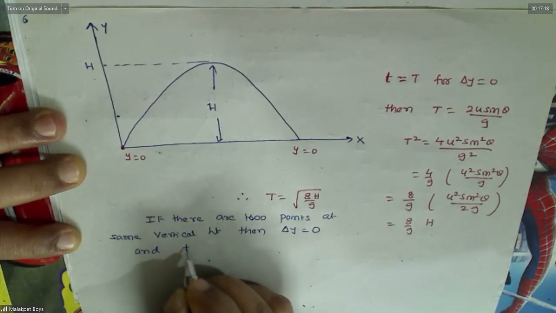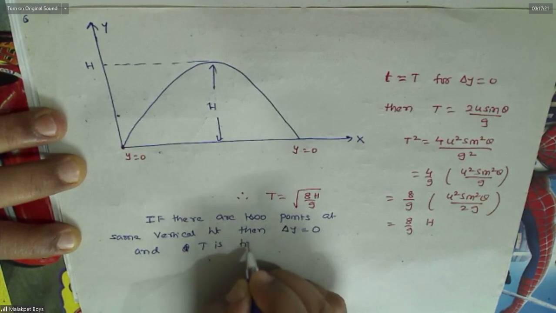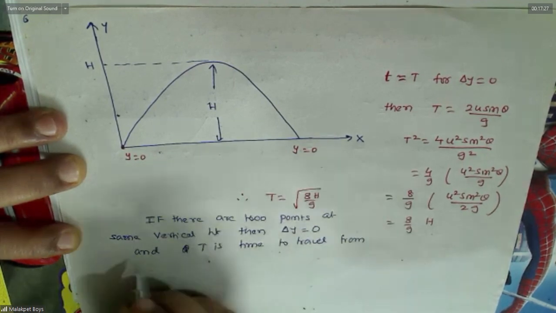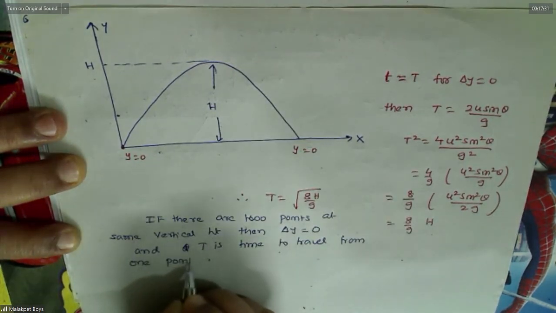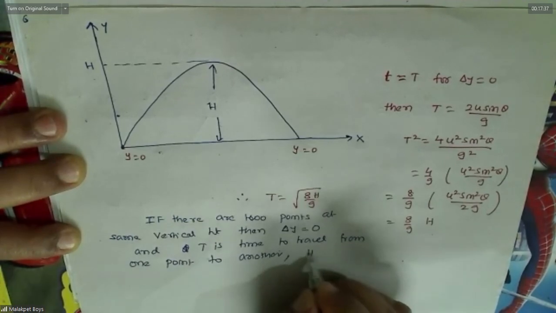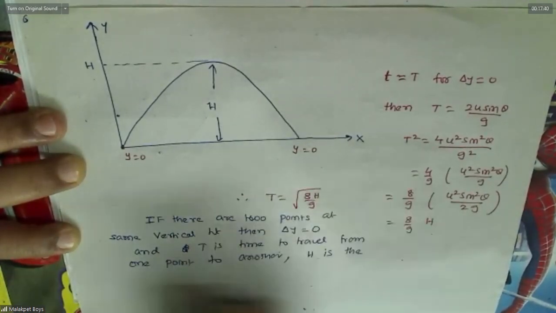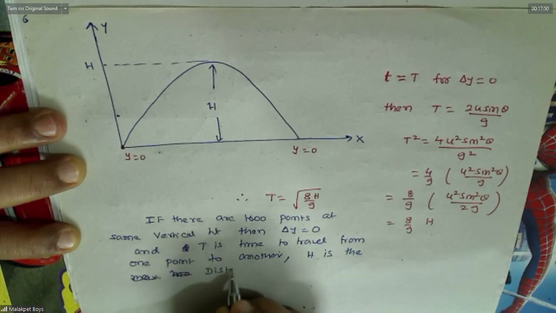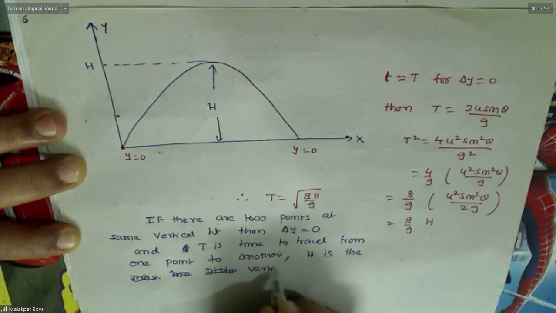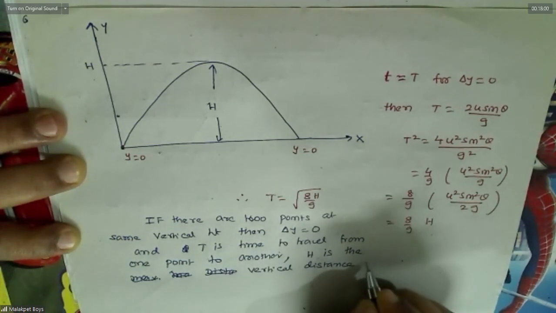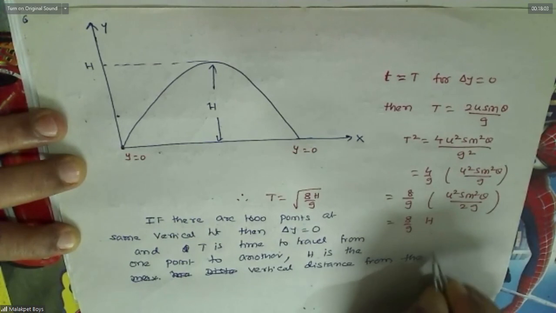And t is the time taken, and h is the vertical distance from the line joining them.